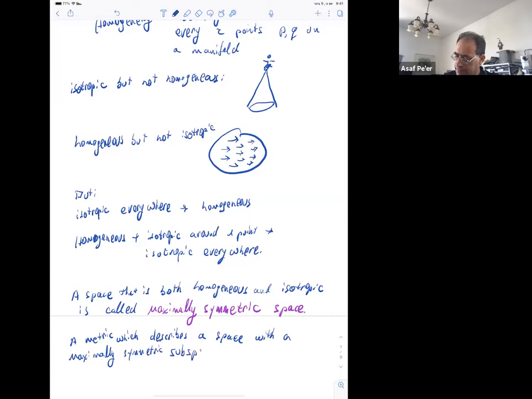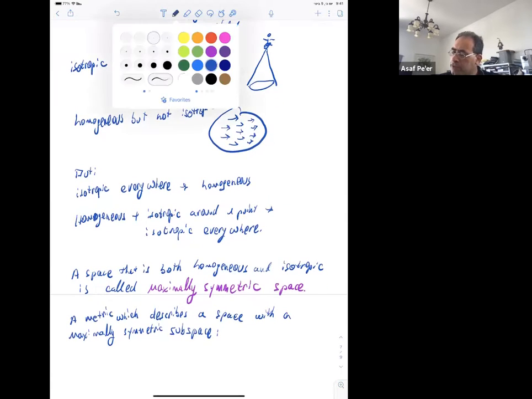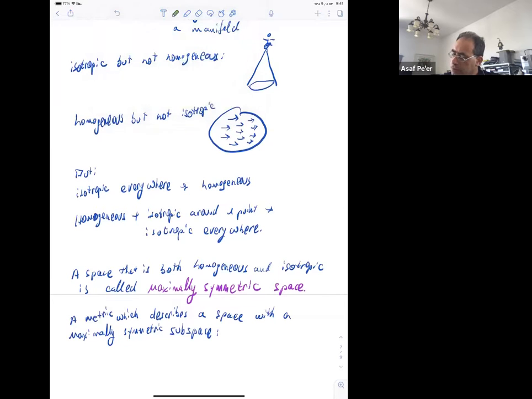It was derived in the 1920s. And the first task we're going to do is to derive this metric.